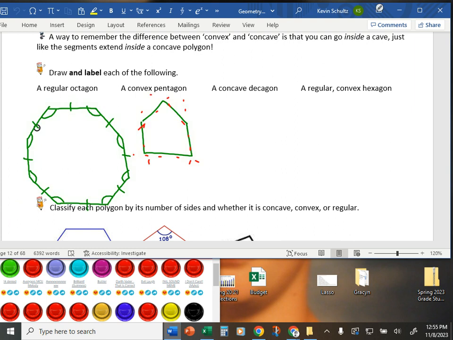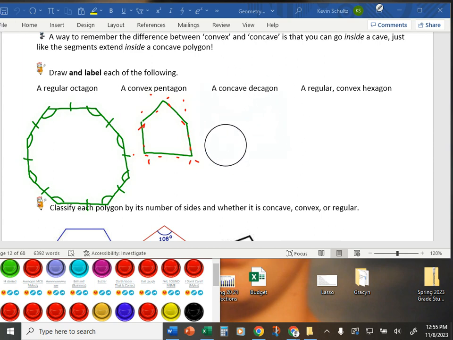Then a concave decagon. Who wants to go and draw a concave decagon? Maddie, make it count. Any color you want. Decagon has how many sides?